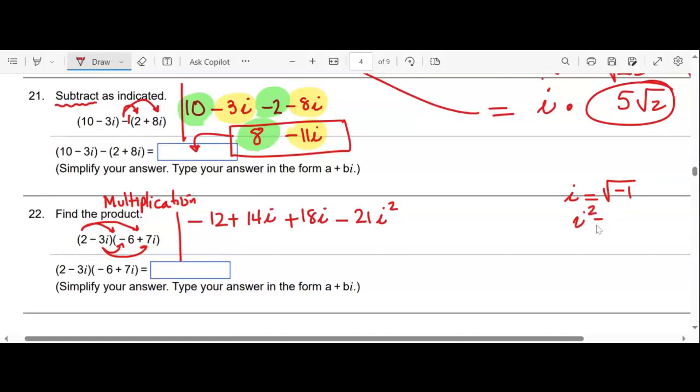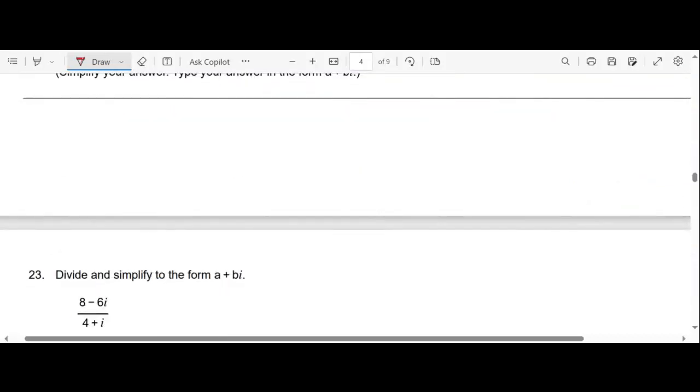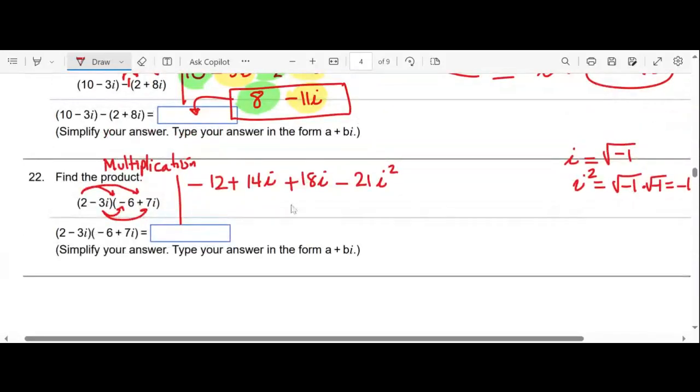Negative 1. i squared equals minus 1, correct? So this one is minus 1 times 21. If you add this together, what are you going to get? 32.